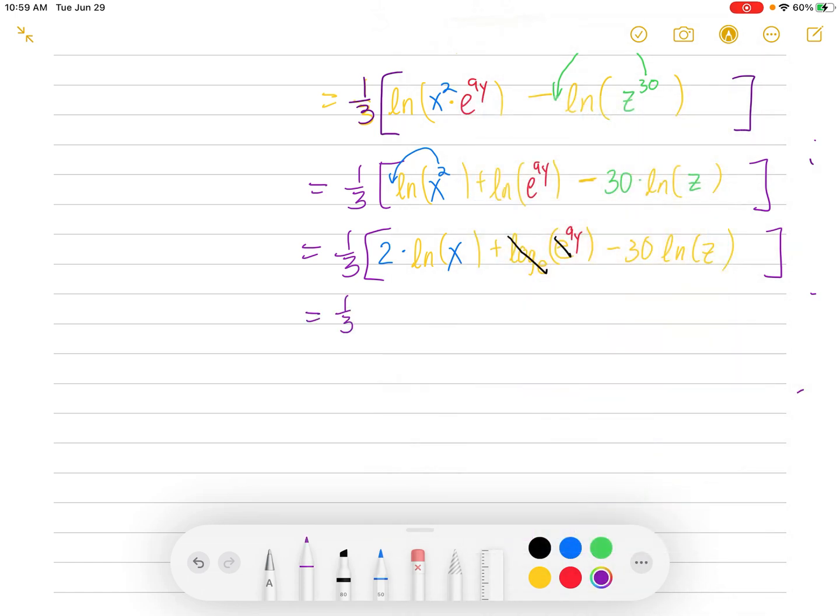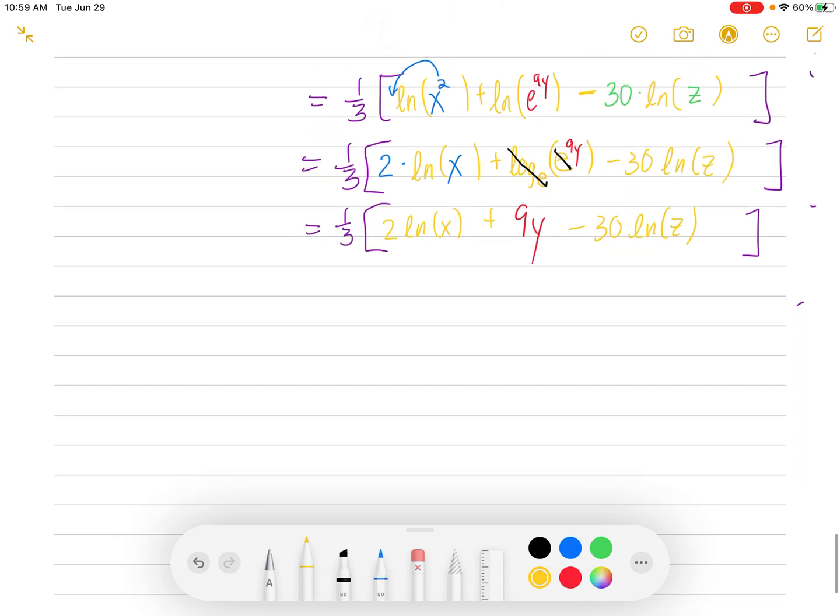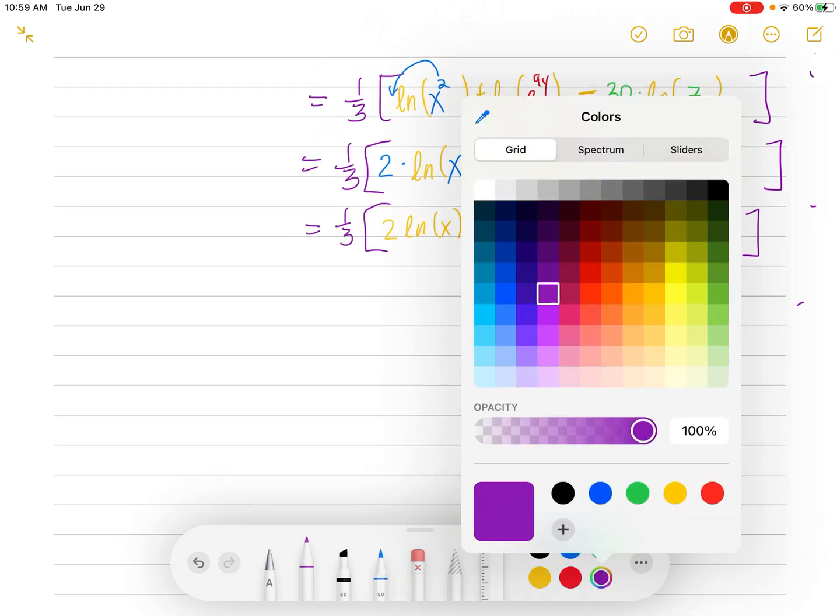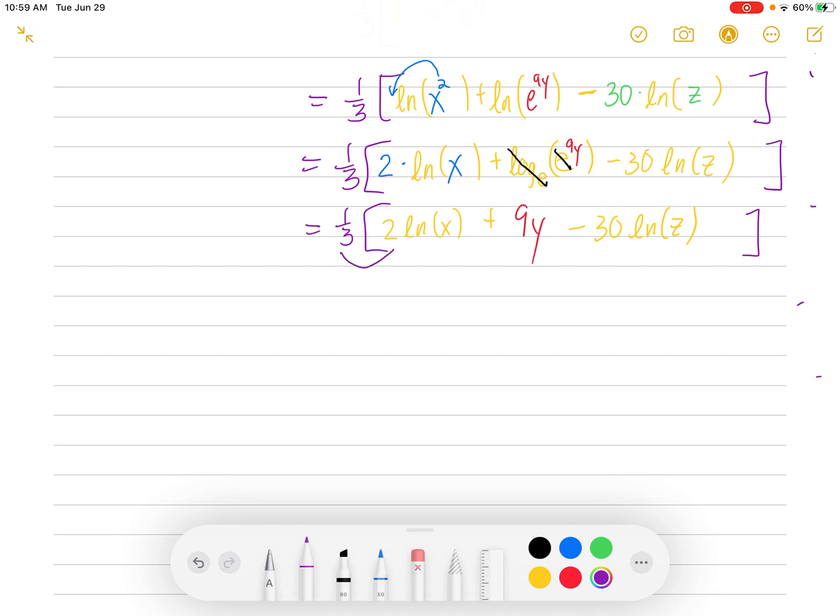And then here we have, it looks like, minus 30 natural log of z. So for my next step, I can basically cancel out the log base e and the exponential base e. So I'll write 1/3 out front, big old bracket, 2 natural log of x, plus, so we said log base e canceled with exponential base e, and we have a 9y that drops down, minus 30 natural log of z.